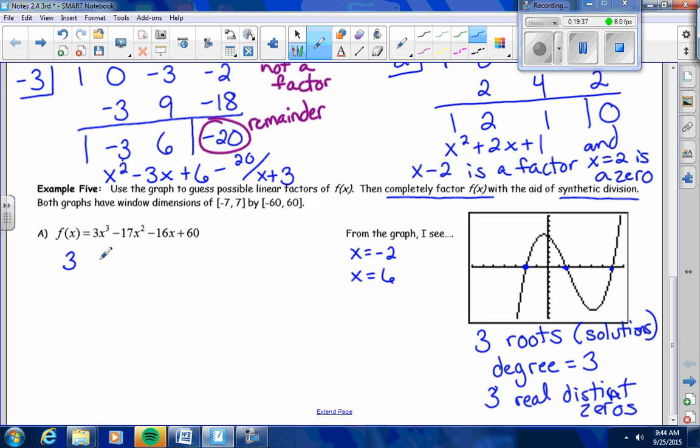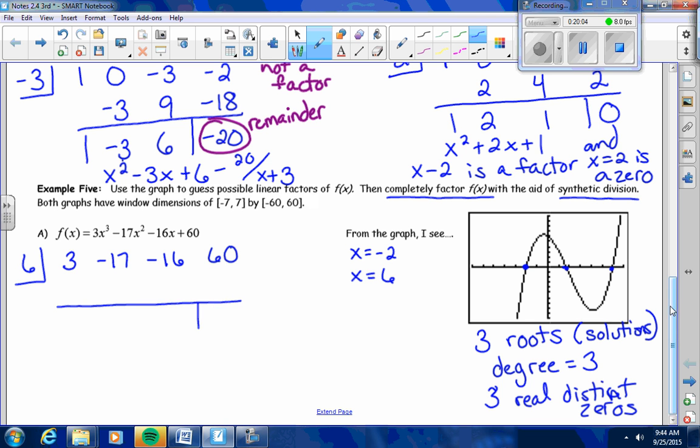And the next one is? -17, and then 60. Which one would you like to test first? 6. What if somebody had said -2? Does it matter? No, it doesn't matter which one you test first. So you're saying 6, so I'm going to put 6 in the box.